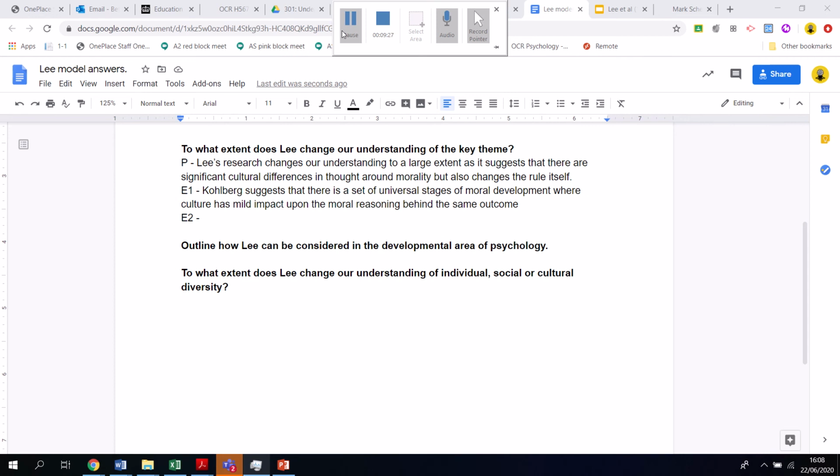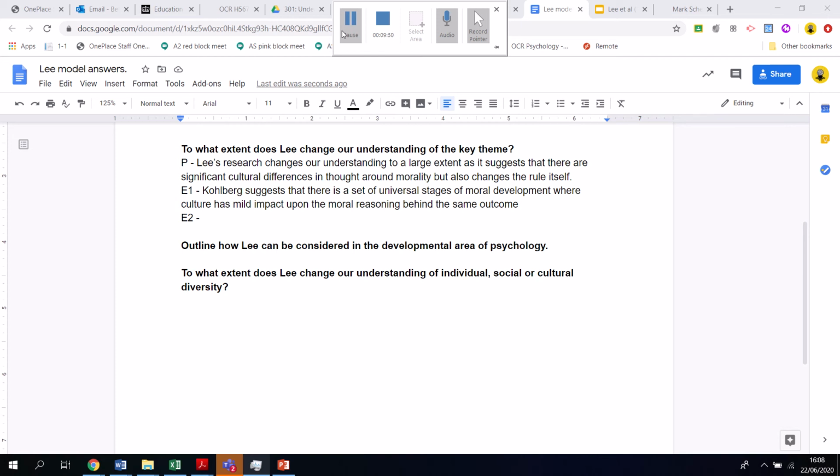So here I have begun to use my evidence from Kohlberg, because I'm suggesting here that he did actually look at cultural differences. So in his study, he suggested that some children came to the same moral decisions, but their reasoning was impacted by culture.